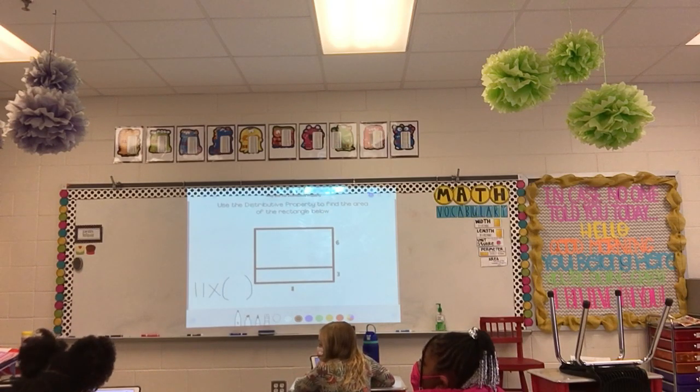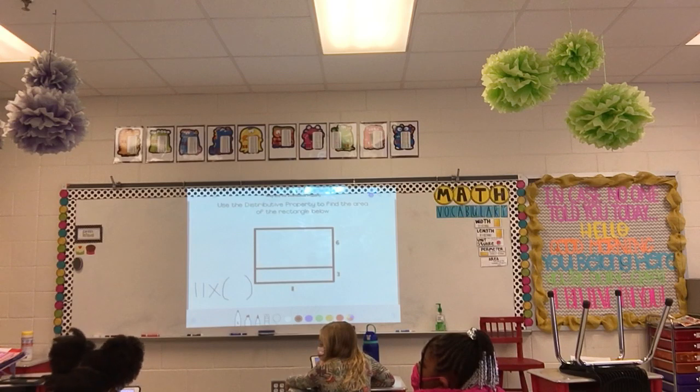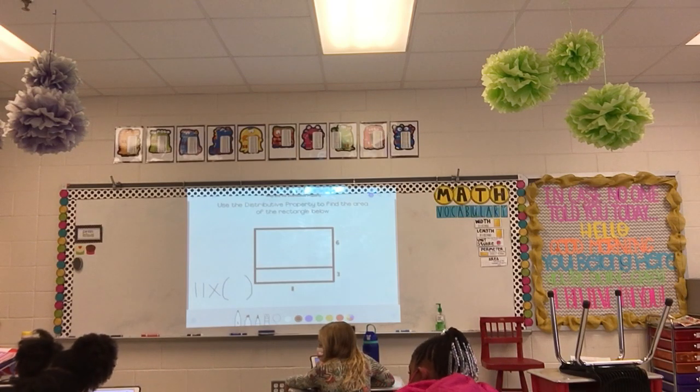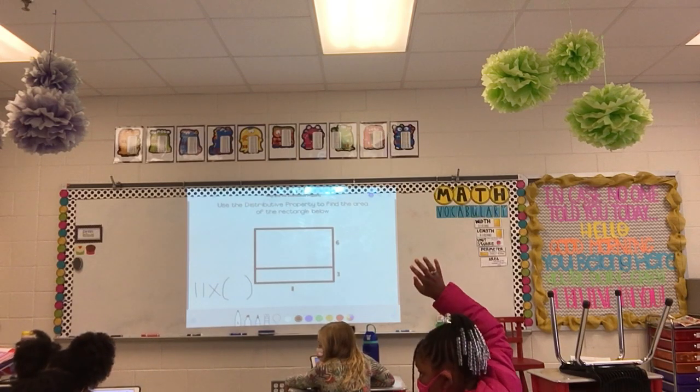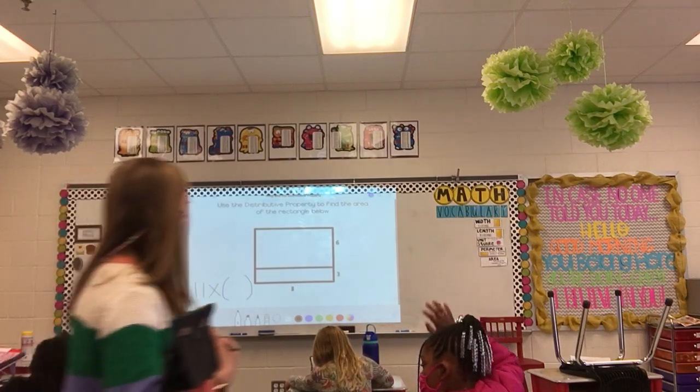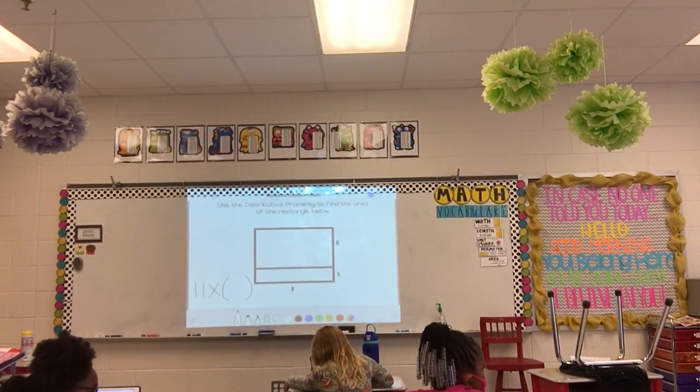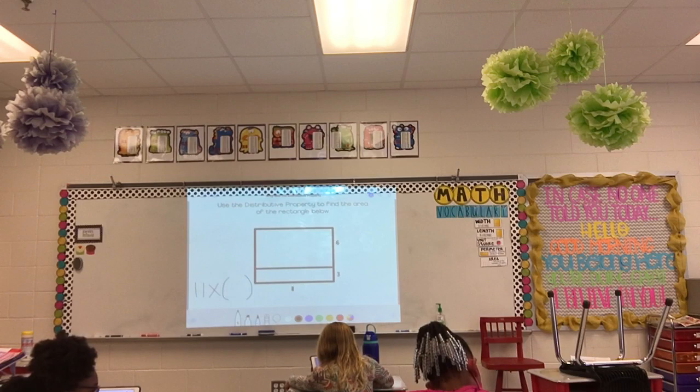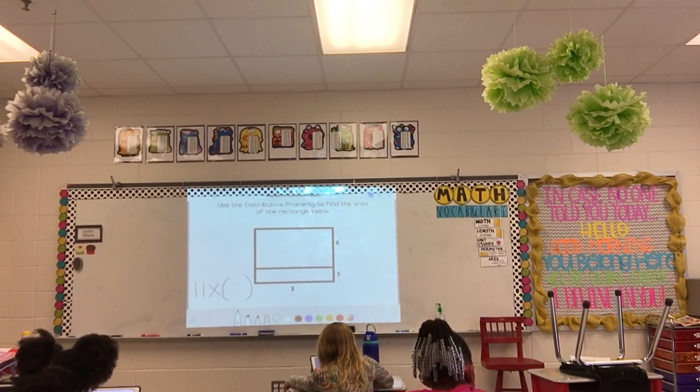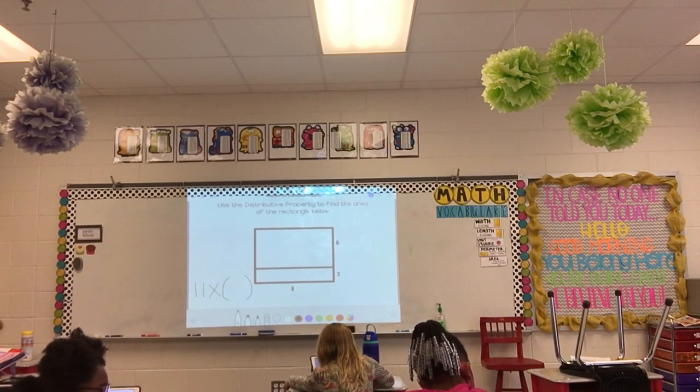How do I put that back together? What operation? Jack? Hey, I gotta add it back together, right? I've separated it, and I got to add it back together.